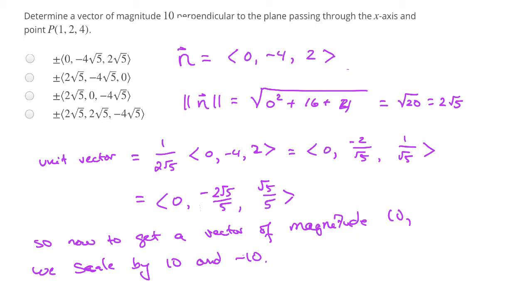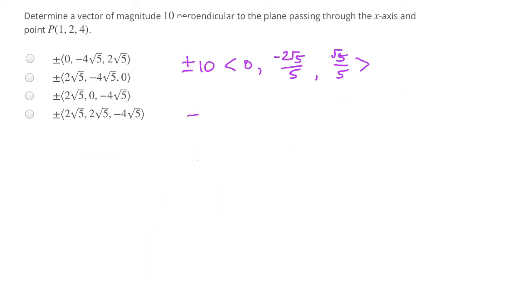When we simplify plus or minus 10 times our unit vector, we have 0, then plus or minus 4 root 5, and then switching the signs, a minus or a plus of 2 root 5.